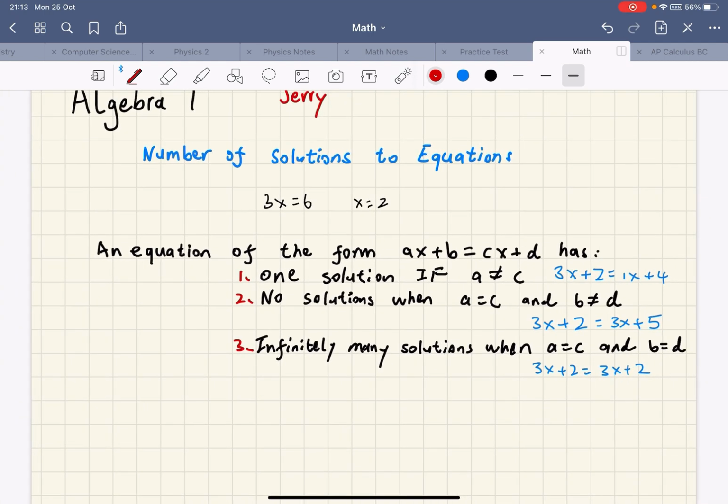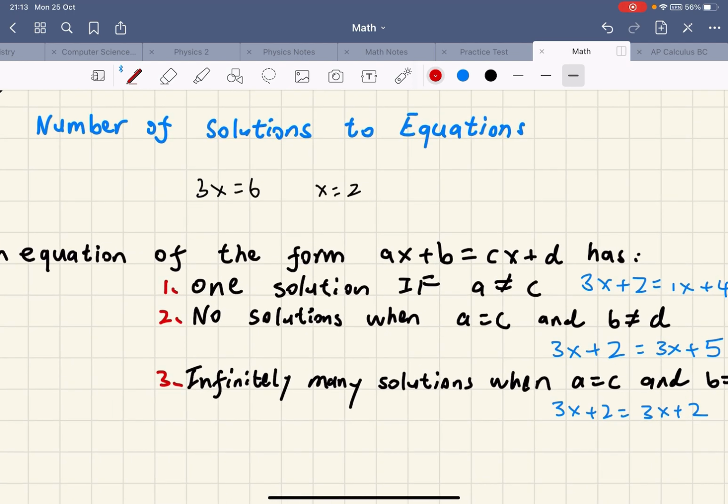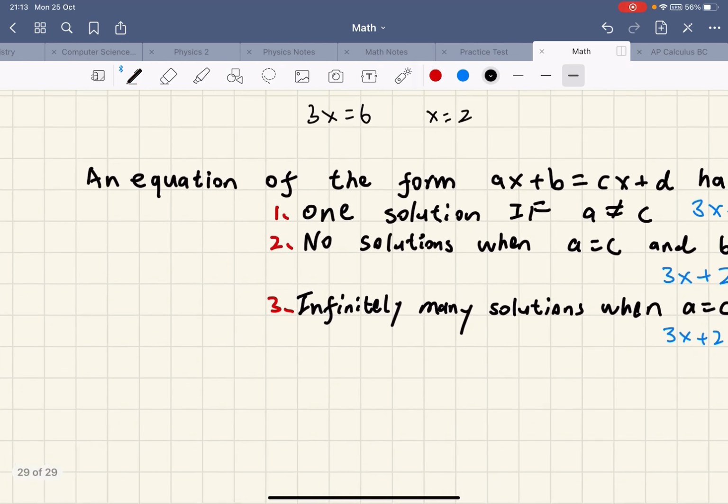Now, when I do these problems, I don't really try to memorize these laws, because you can just solve for them and you will see for yourself. Another thing to note is that if you have one solution, you obviously just write x equals 5 or something.